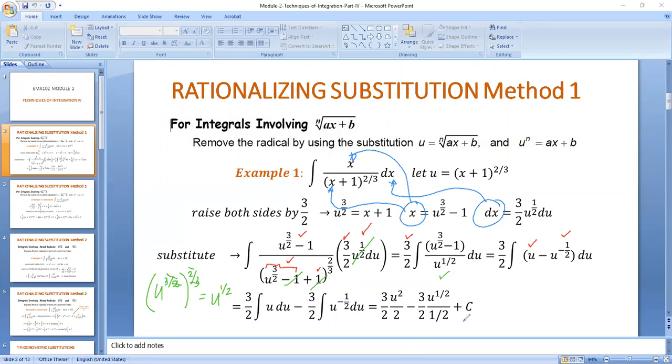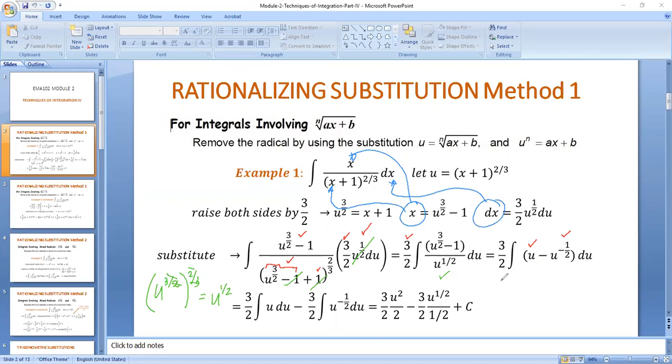Without doing rationalization, it would be impossible for you to come up with this integral, which would simply be using power rule, because this would just be simply using power rule. Now, if you use power rule to these two, remember your integral is multiplied by 3 halves.